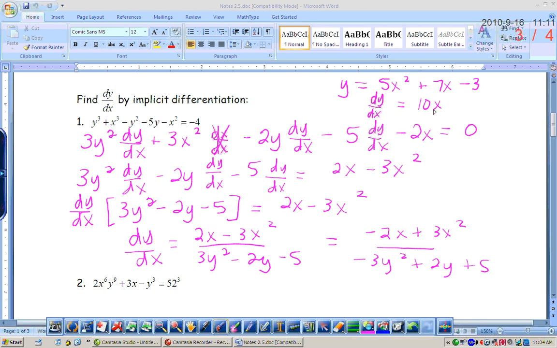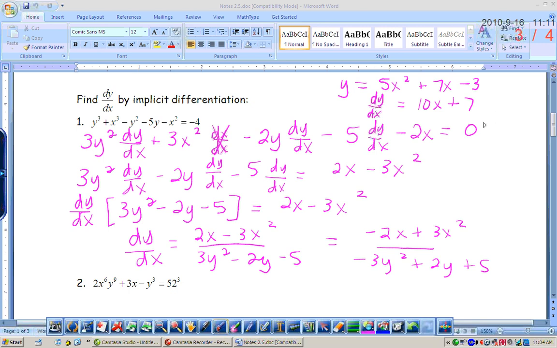And then 10x, but when I take the derivative of 5x squared, technically it's 10x, but it's dx dx. I'm taking the derivative of x with respect to x, so it cancels. You don't put the dx dx. And then technically plus 7 dx dx, but that's really a 1.